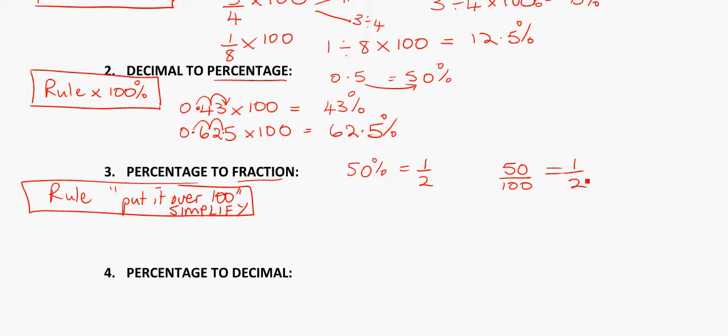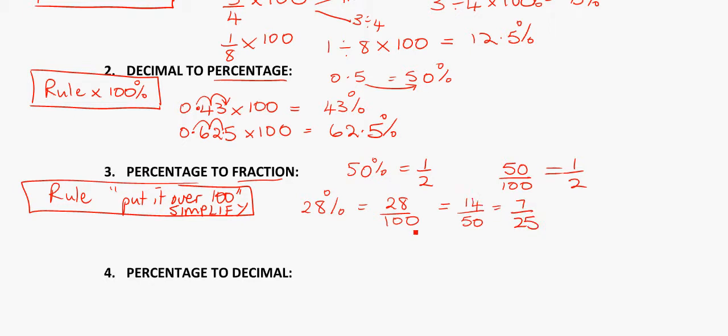Let's try one a bit harder. What's 28% as a fraction? It's 28 over 100, and you need to simplify that, and you should get 14 over 50, and I'll keep simplifying it, or 7 over 25.